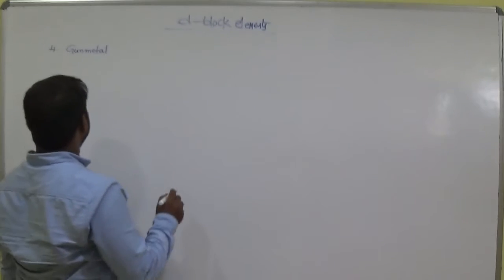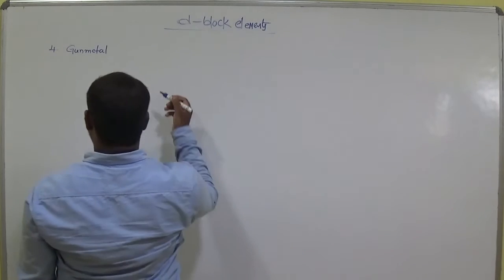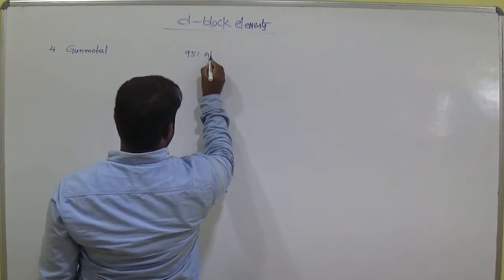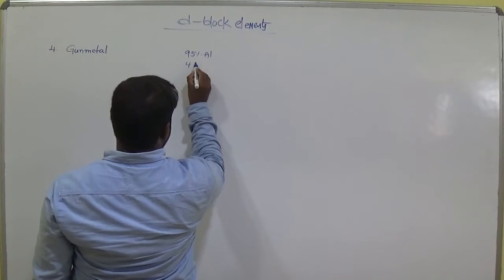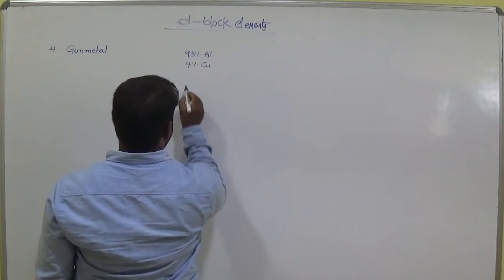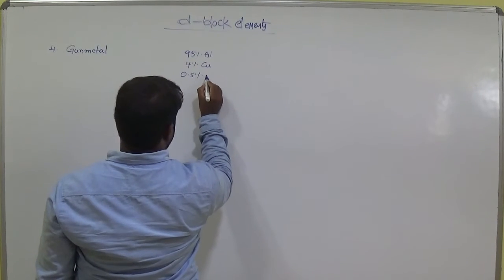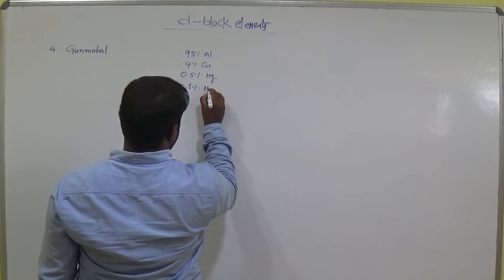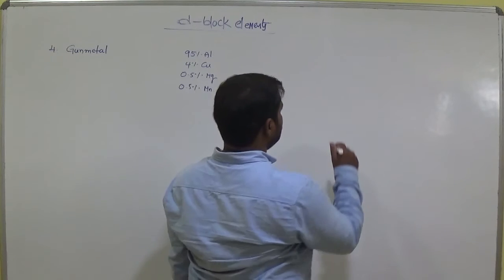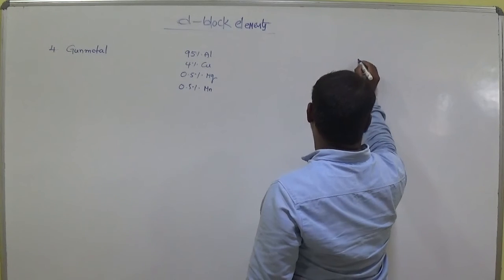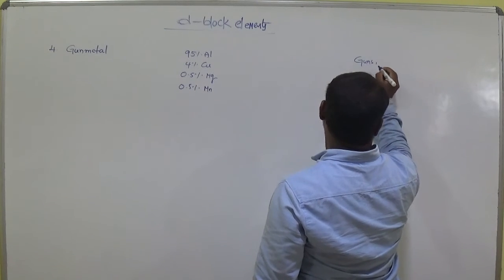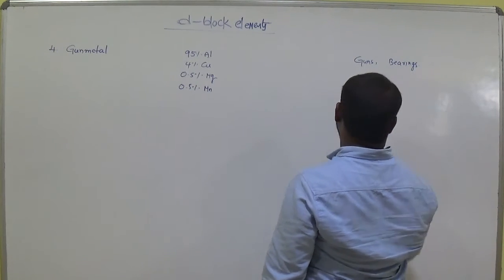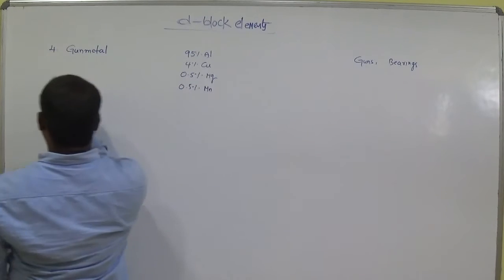Gunmetal consists of 95% of aluminium, 4% copper, 0.5% magnesium, 0.5% manganese. The use of gunmetal is the preparation of guns and bearings. These are the two uses, so very important.